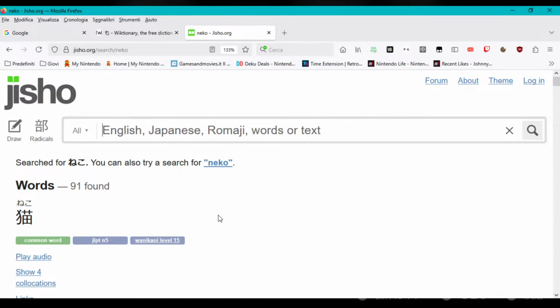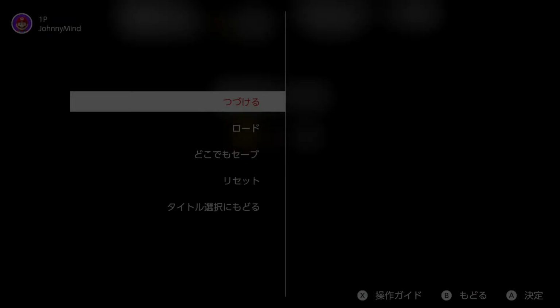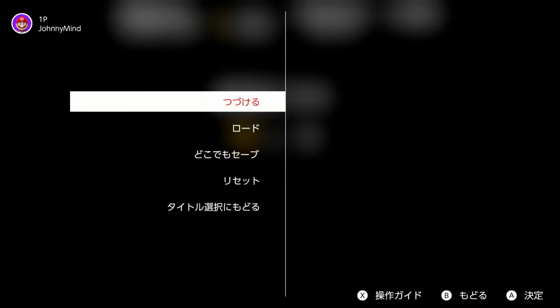Okay. And with that, I'd say we can stop here, since we have finished the words. We have seen all the ma-gyo, all the ma column.